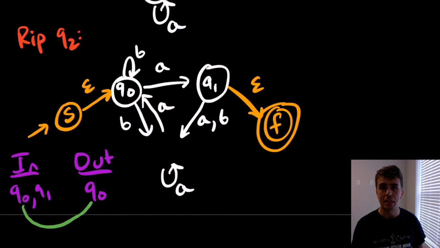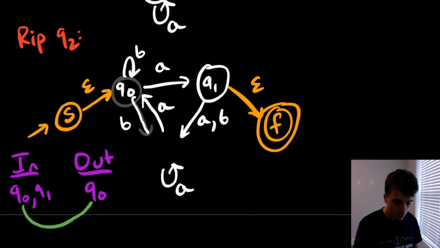So from the examples that we've done before, the resulting transition will be B, which is going into Q2, A star, because we can take this loop as many times as we want, or 0, and then going back to Q0 because that's the pair that we are considering right now.